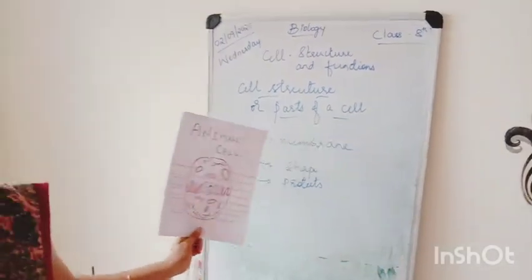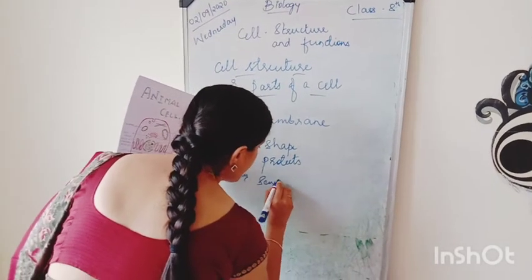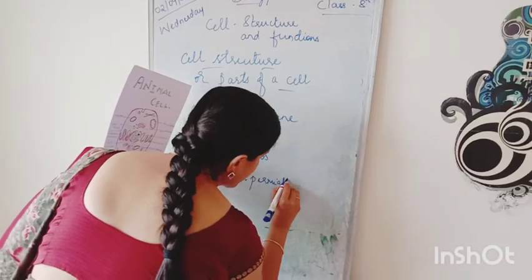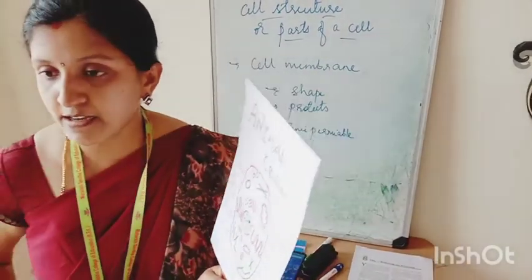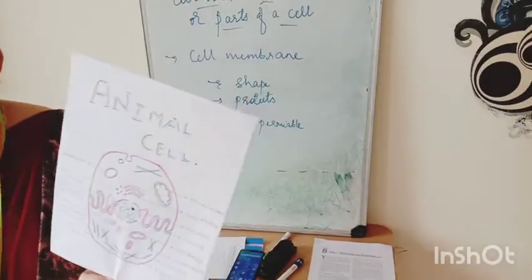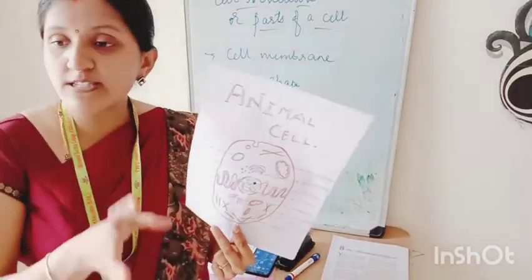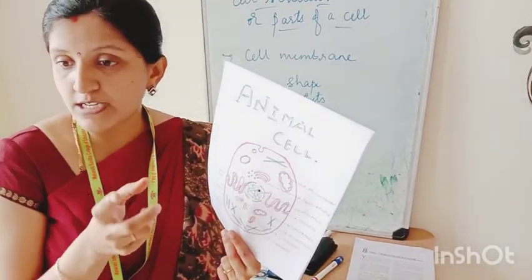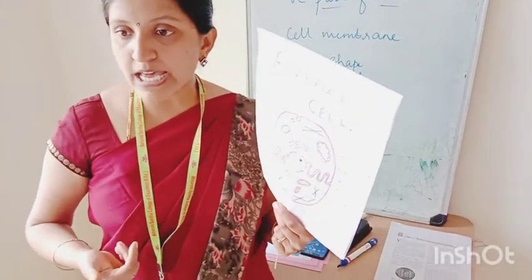And it is semi-permeable, or partially permeable. That means it does not allow everything that comes to the cell. It allows only particular particles to enter. It allows water and certain solutes, and does not allow certain other solutes. Certain minerals are allowed.